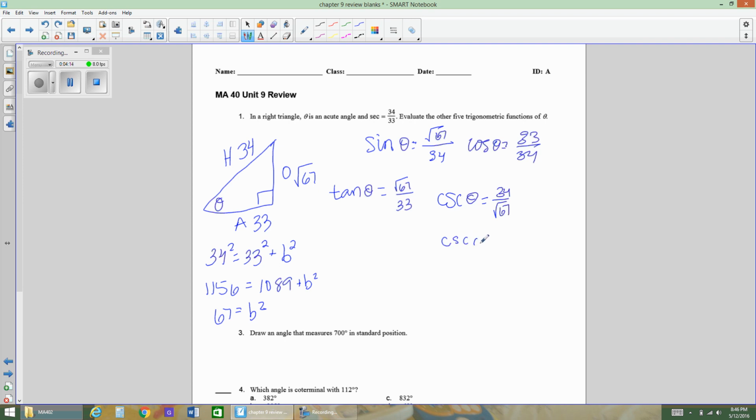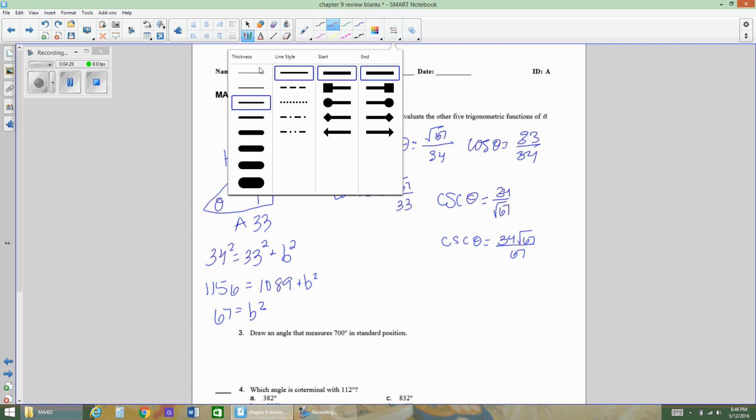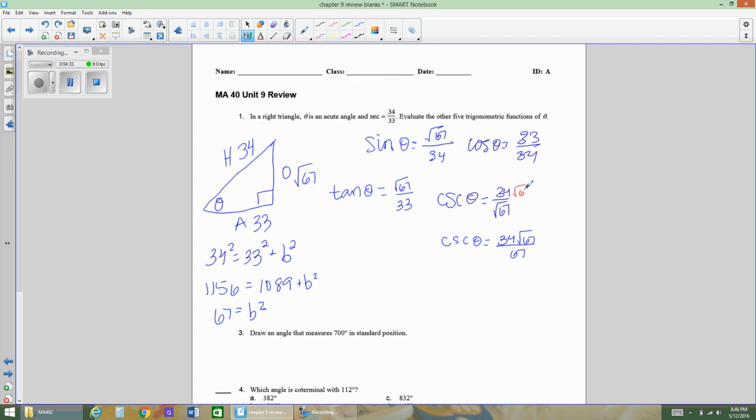So the cosecant of theta is actually equal to 34 radical 67 all over 67. And if you have forgotten how to rationalize, you do need to know how to do it. So what we do is we just multiply by whatever the radical is on the top and the bottom, and that's how we get there.